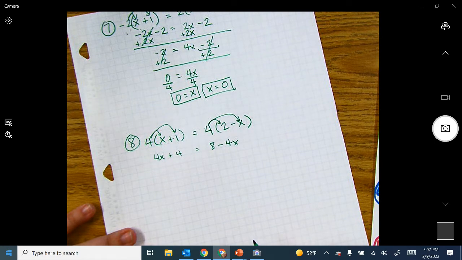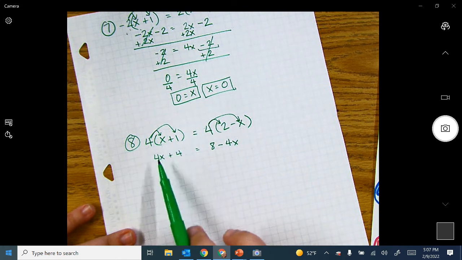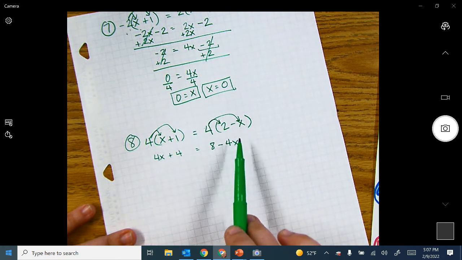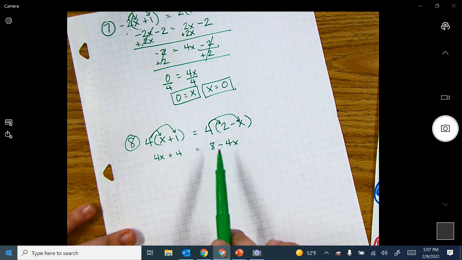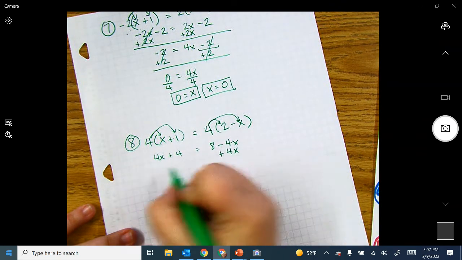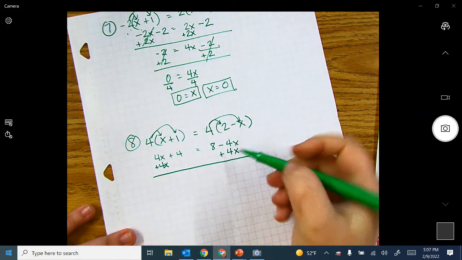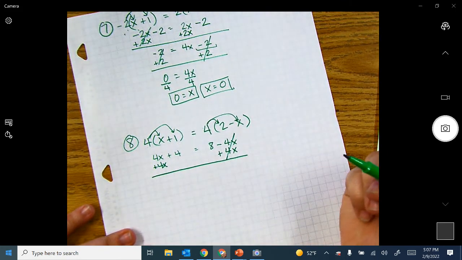Step 2 is to simplify or combine like terms, but I don't have anything to simplify or to combine on either side, so I'm going to go ahead and move on to step 3, which is to add or subtract the x's from one side. Again, I want to keep my x's on the side with the bigger value of x's, so I want to get rid of this -4x. So that means I'm going to add 4x to both sides, which makes this cancel out.